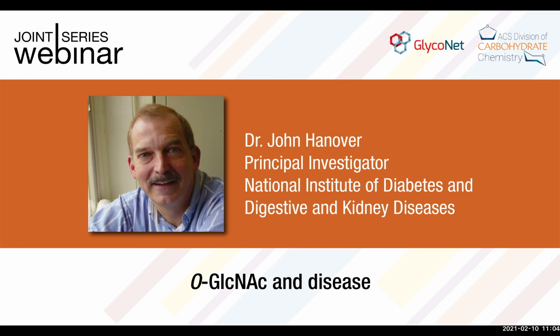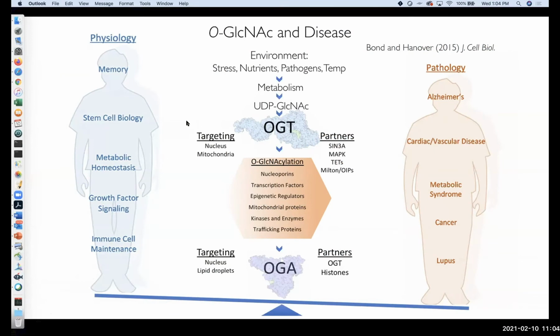Thank you, Charlie. I'm going to focus today on some of the biological aspects of the O-GlcNAc modification, but I wanted to introduce the topic fairly broadly. And the reason we're interested in O-GlcNAc is it plays important roles in human physiology and is very clearly associated with human pathophysiology. It's a fairly straightforward pathway, unlike the assembly of N-glycans, which require many enzymes.